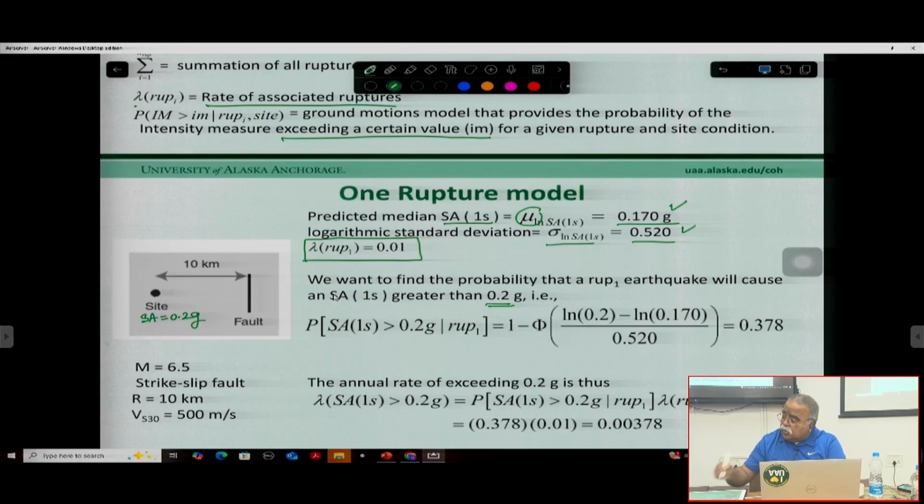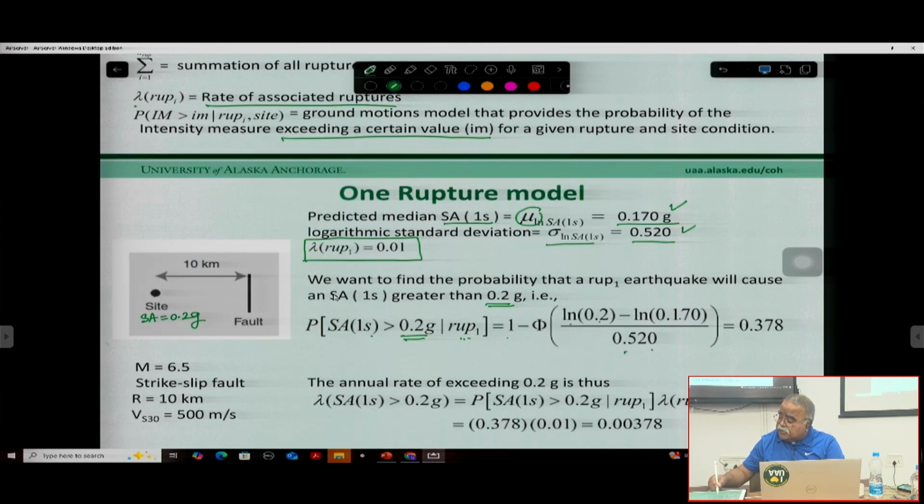If it is possible, we have this data available to us, right? So that is what we have to calculate. So PSA at 1 second to exceed 0.2 g, provided the first fault ruptures. So this is rupture 1, right? That will be equal to 1 minus phi of ln x minus ln mu divided by sigma.